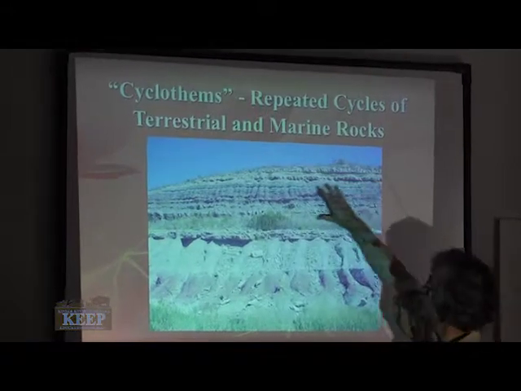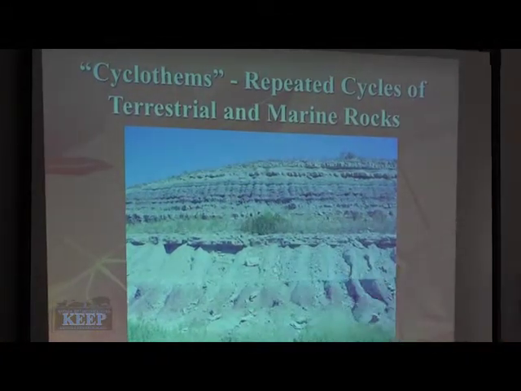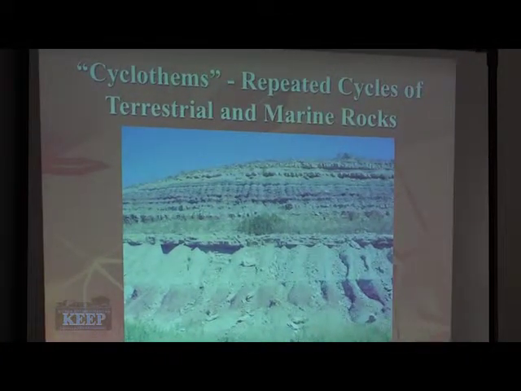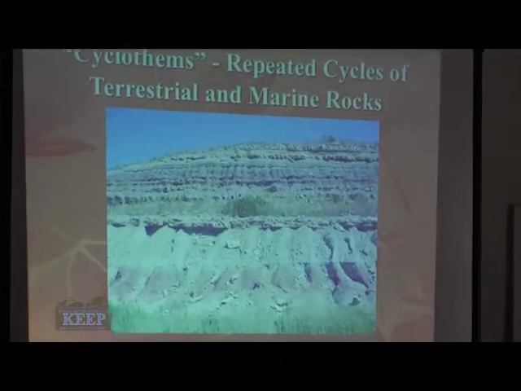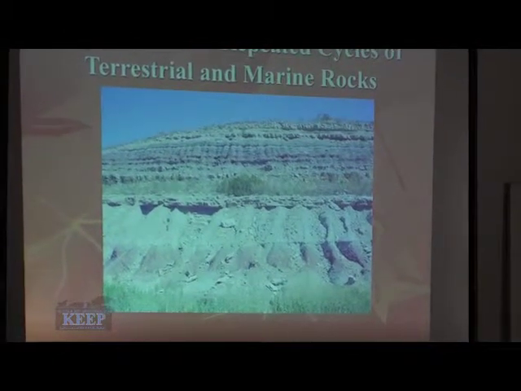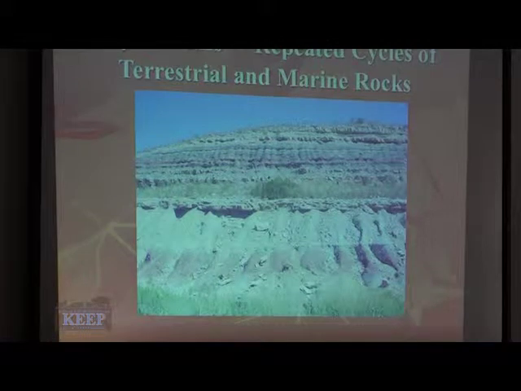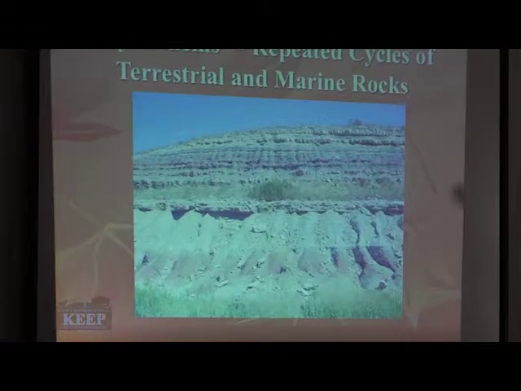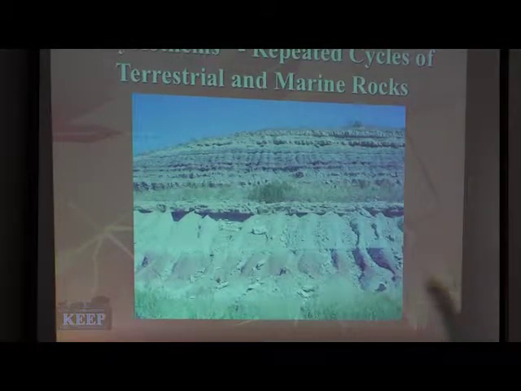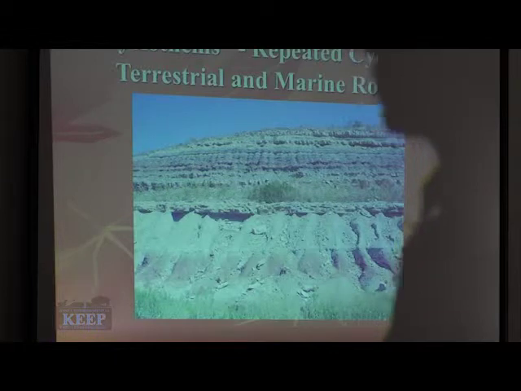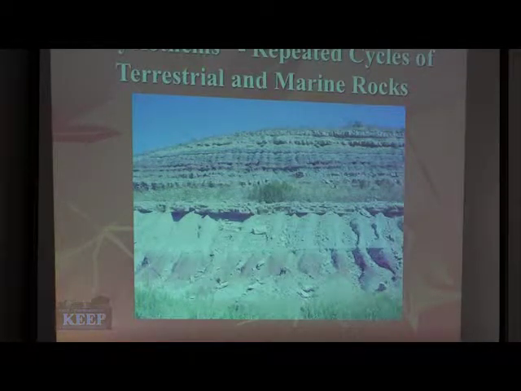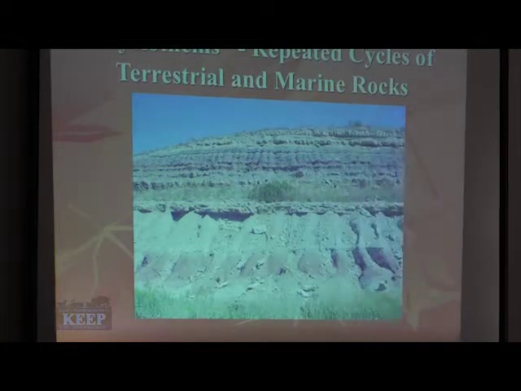The mudstones are, for the most part, with some exceptions, fossil soils. If you go study them, they have the same kinds of features, the same kind of structures that you find in modern soils. You can actually classify them in modern soil taxonomies by looking at their structures. Different soils form in different climates and different environments.